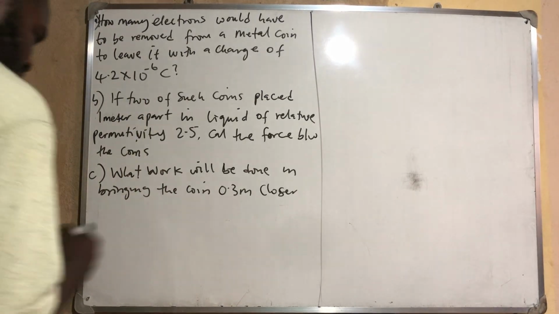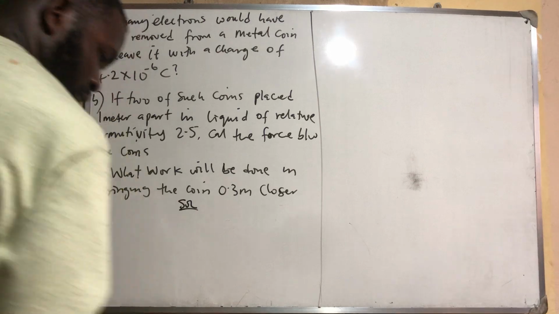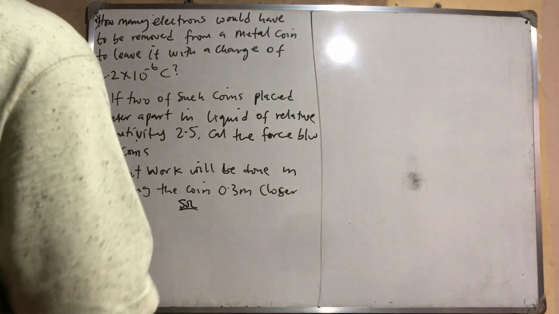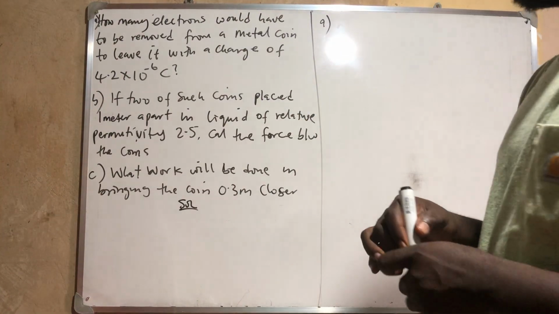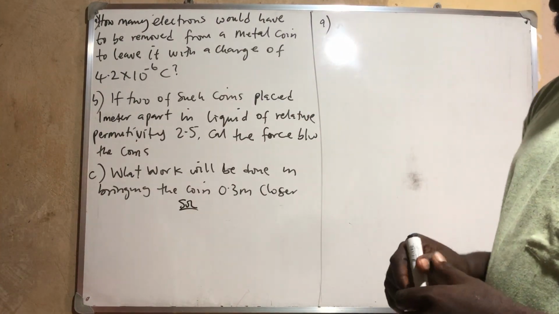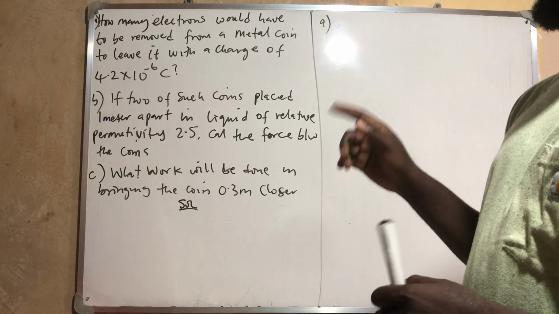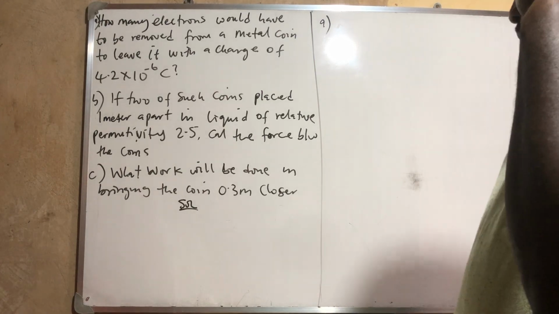So this is a very, very simple solution. So what do we do now? The A question here said we should calculate how many electrons will be removed. Now, how do you do that?